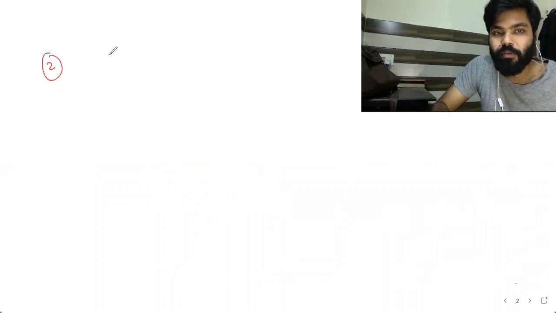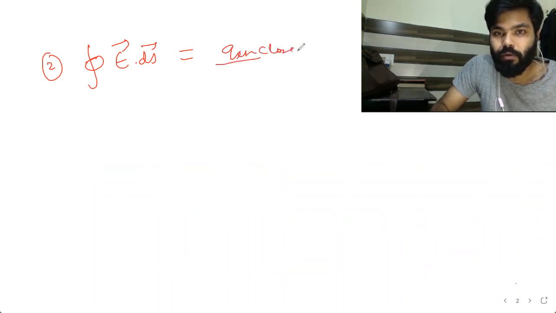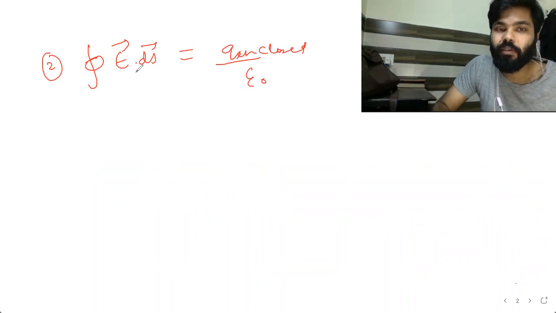Now we are done with Gaussian surface, and the second step is to formulate Gauss law in mathematical form. E dot ds, that is flux, is nothing but q enclosed by Gaussian surface over epsilon naught. It is dot product E dot ds.